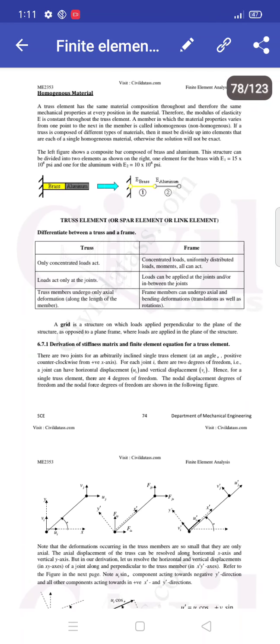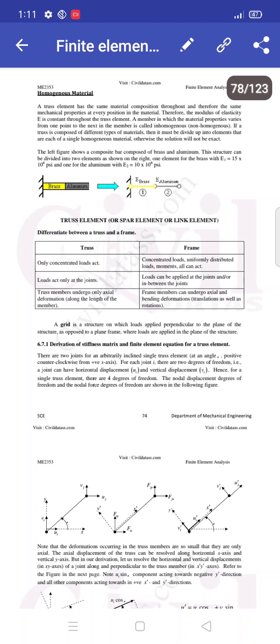So the difference between truss and frame. In a truss, only concentrated loads act, and loads act only at the joints. In a frame, concentrated loads, uniformly distributed loads, and moments can all act.